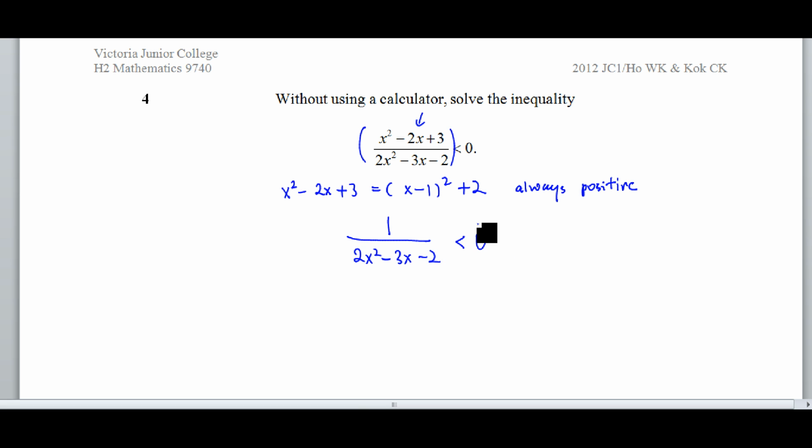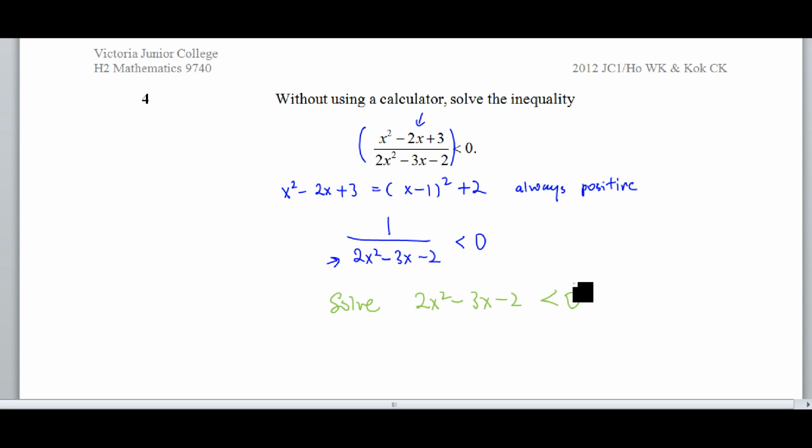At this point, many of you try to bring this to the numerator and try and solve this. Many of you then say solve 2x squared minus 3x minus 2 smaller than 0. Now in this case, it is fine. You will not be penalized because you will get the answer.